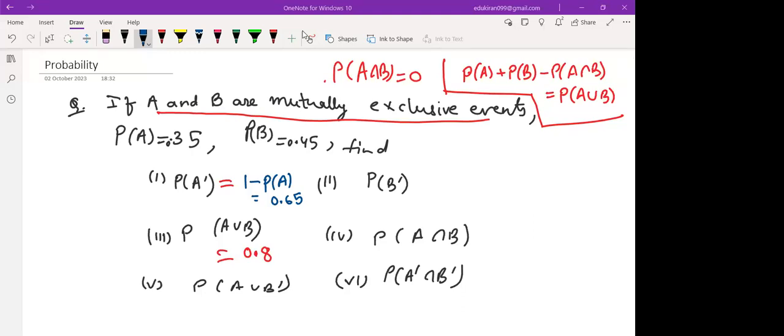What is P of B complement? Sir, 0.55. Okay, fine.